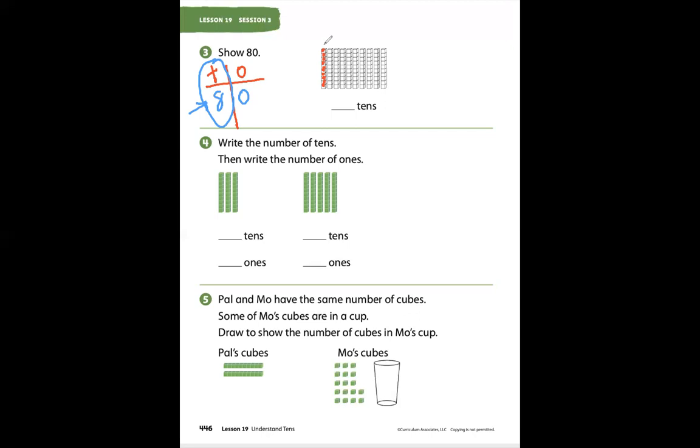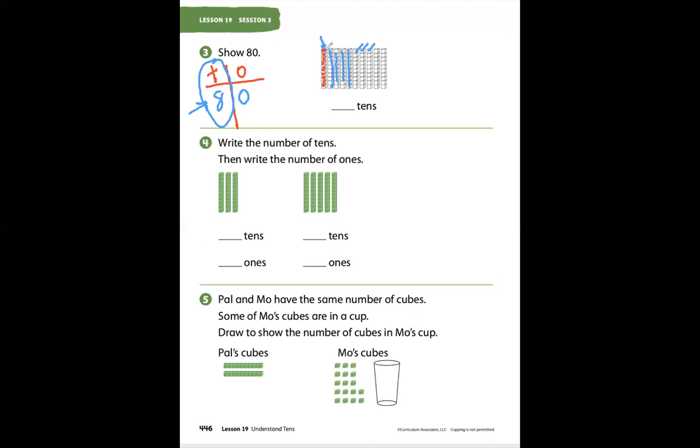Okay, so here we have 1 ten, 2 tens, 3 tens, 4 tens, 5 tens, new line, 6 tens, 7 tens, 8 tens. So I'm showing how I have a group of 5 and then another group of 3 to make 8. Sometimes it gets confusing when they're so close together.